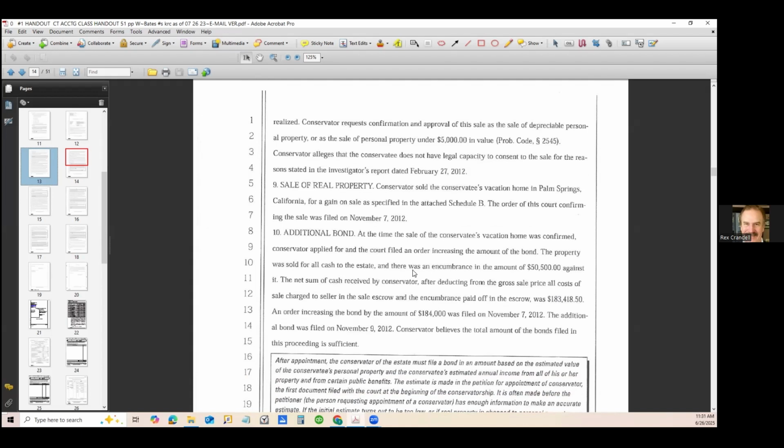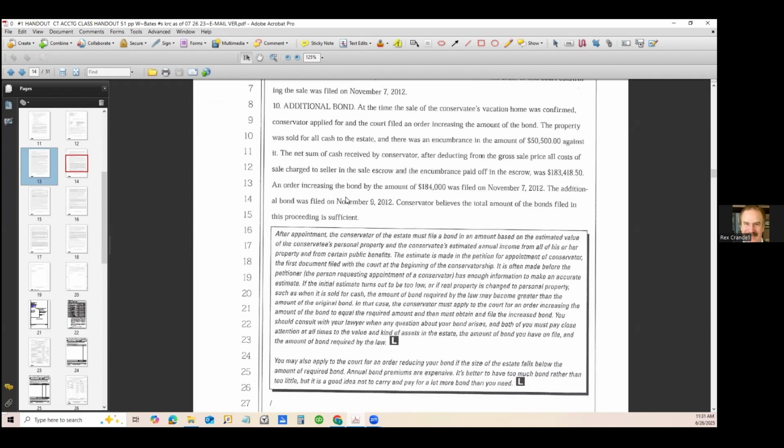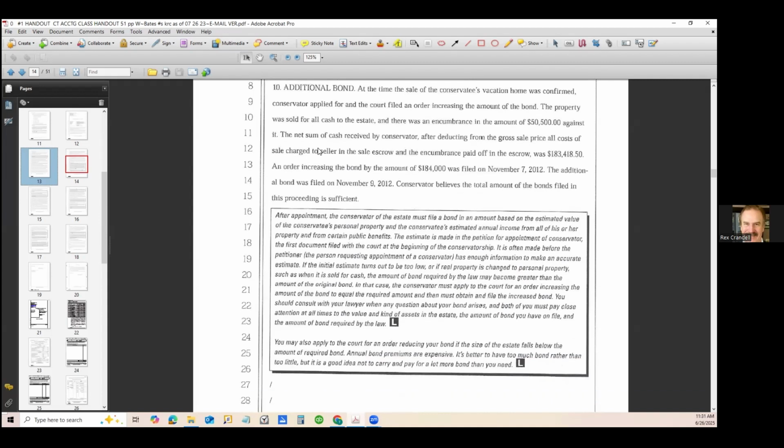I don't ever see this happen. No one ever purchases additional bonds, but it's in the example, so I'm going to give it. Typically, this only happens when the court says they require you to increase the bond.